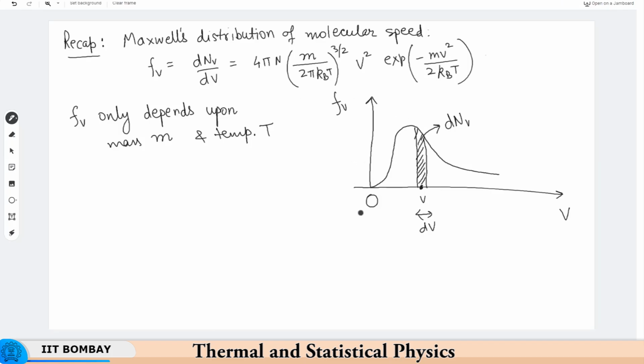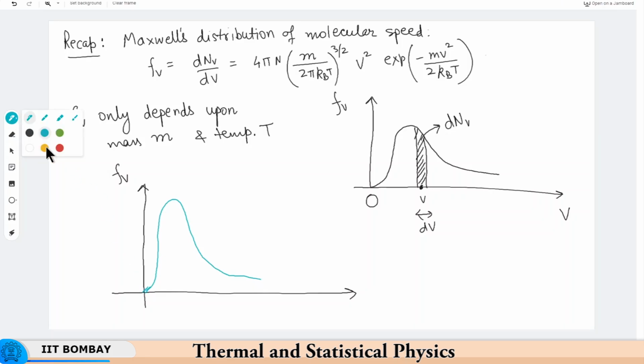So, I will do this plot again slightly bigger, f of v. But now what I will do is plot this f of v for 3 typical temperatures, right. So, let's use 3 colors perhaps. Let's say blue, it starts from 0, remember.